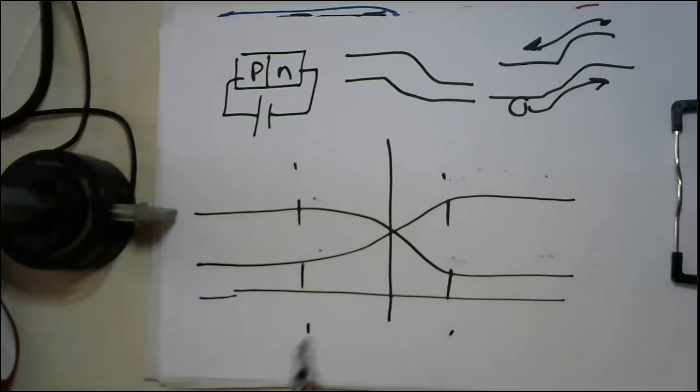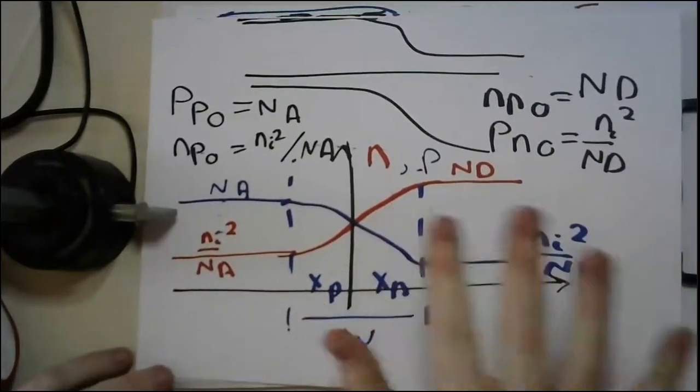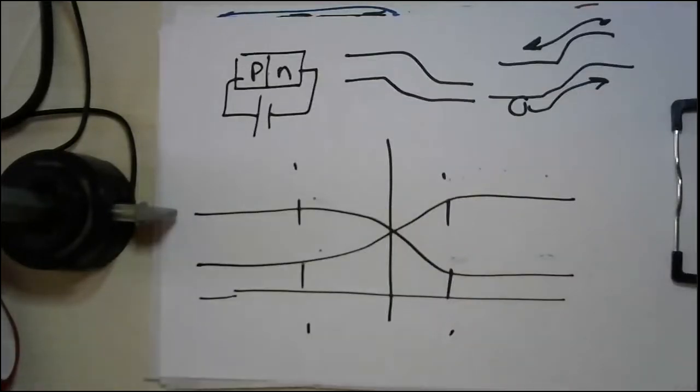This is the same graph we just plotted a few seconds ago. This one. I'm just repeating this. How will this affect our carrier concentration?